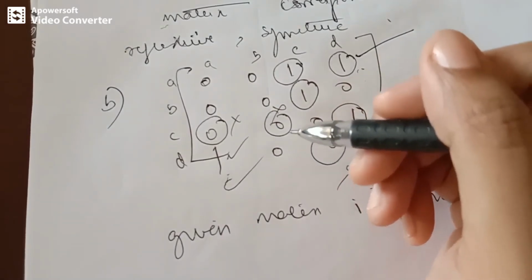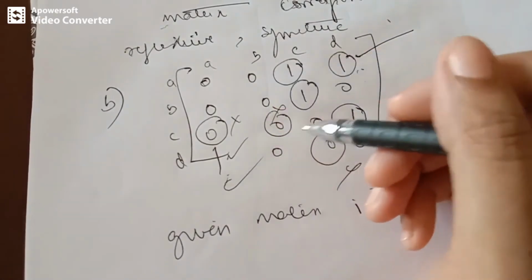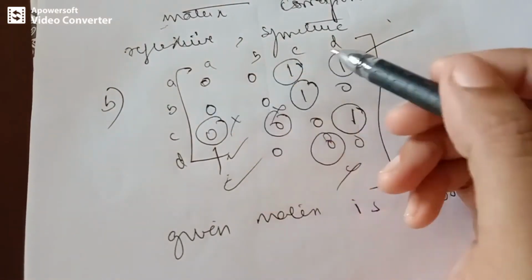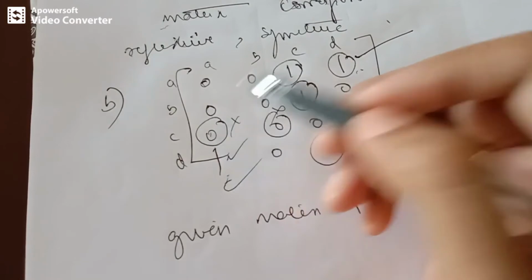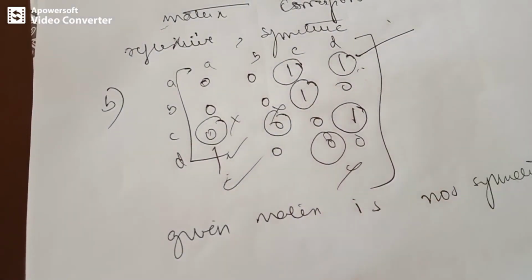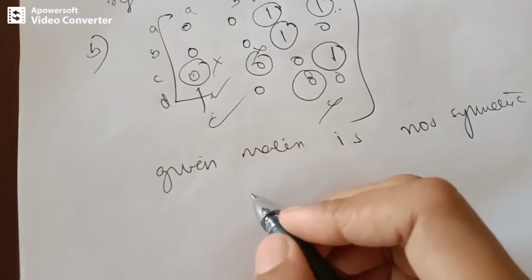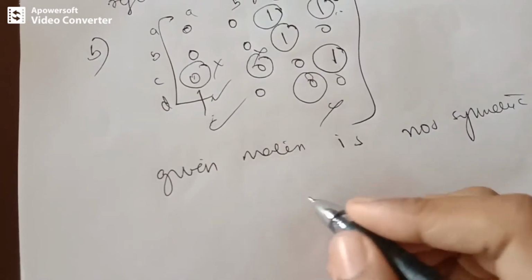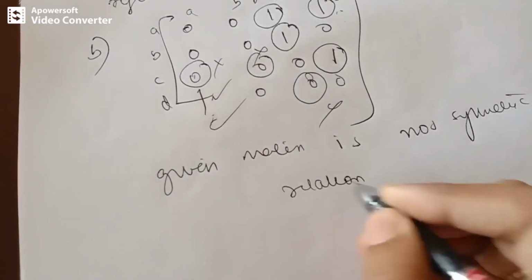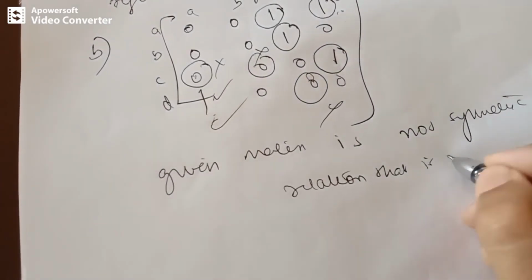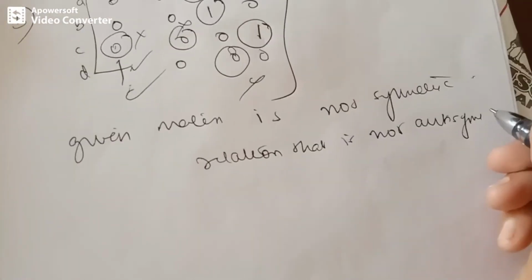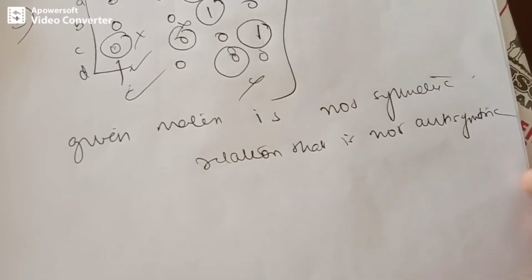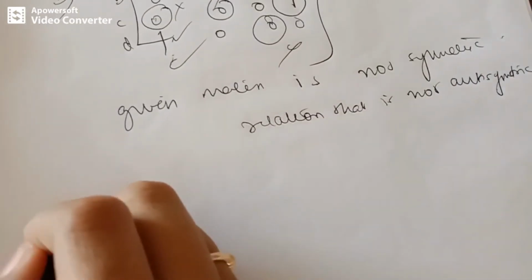So what we can infer is basically for others we are not getting it as 1, that is, for a comma c is 1 but c comma a is not 1, right? Likewise, we can say that the given matrix corresponds to a relation that is not antisymmetric. Okay, that is not antisymmetric. You can write this.